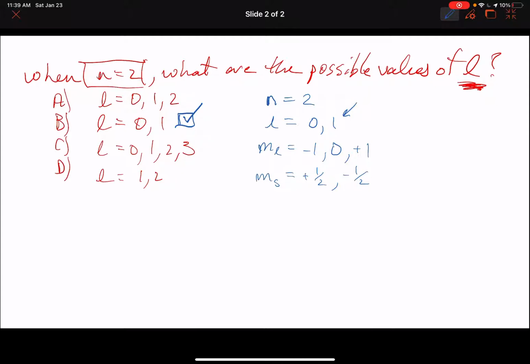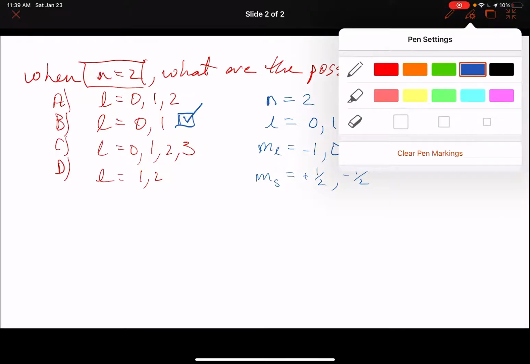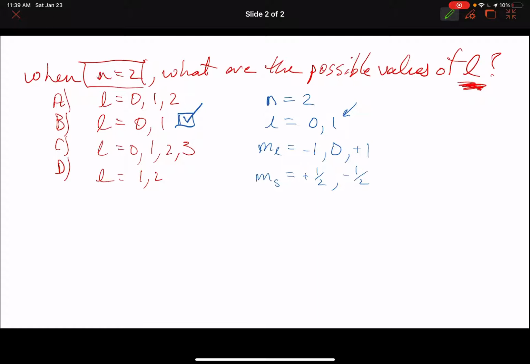Okay, so just to give you an idea here, we knew from the Pauli exclusion principle that no two electrons can have the same 4 quantum numbers. So that is, we can say that one electron could have the following quantum numbers. We could have this as one electron. We could also have the next option for another electron.